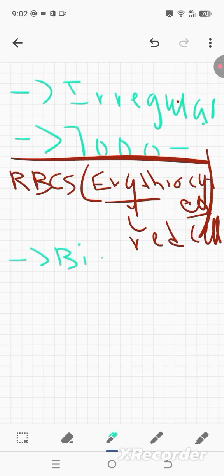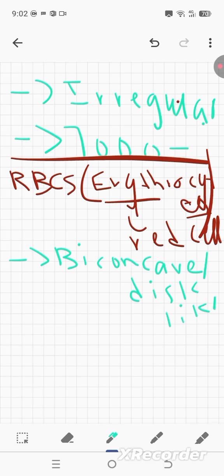They are biconcave, or you can say a disc-like structure. The structure is something like this, biconcave.